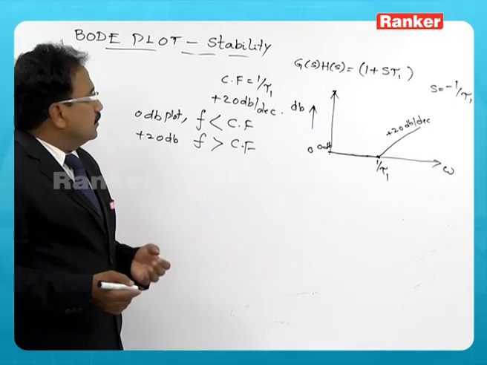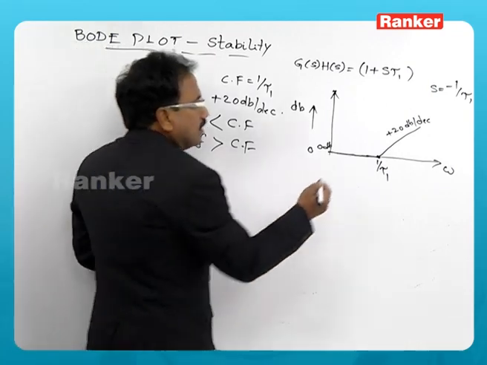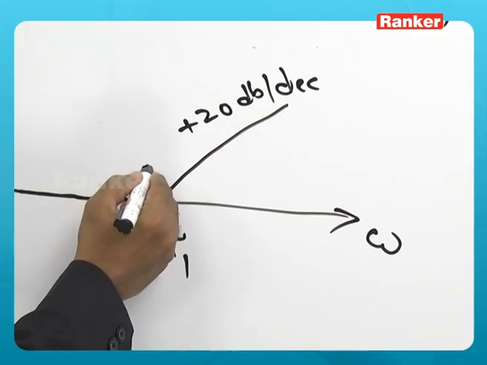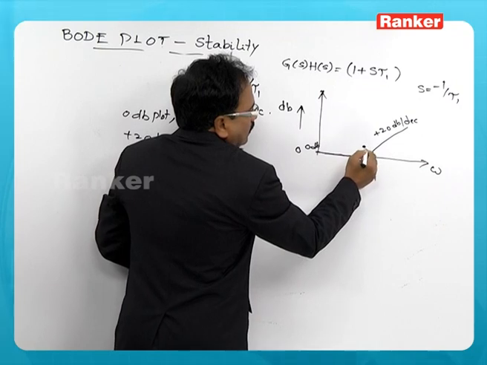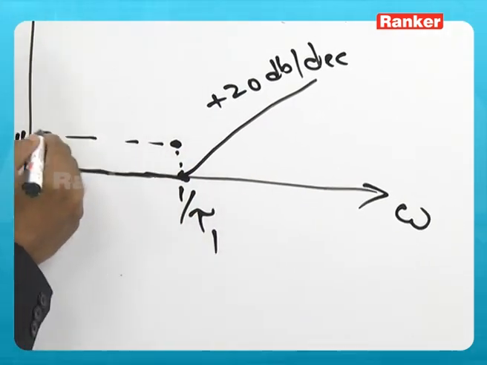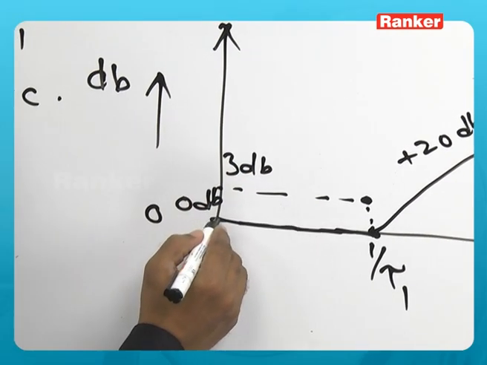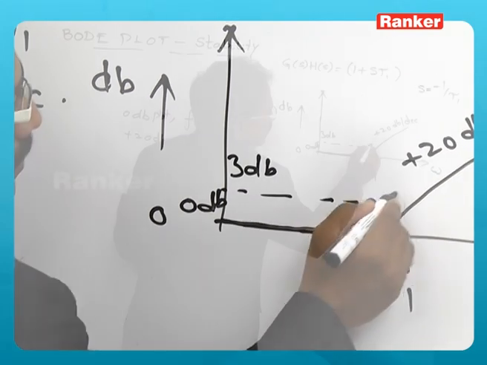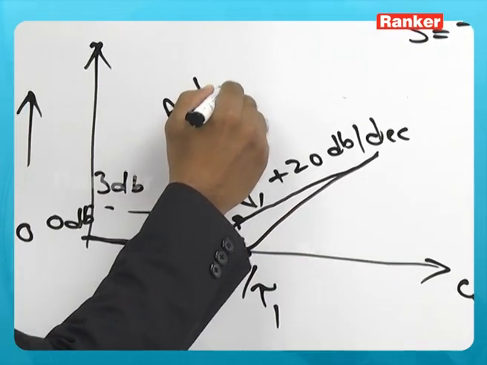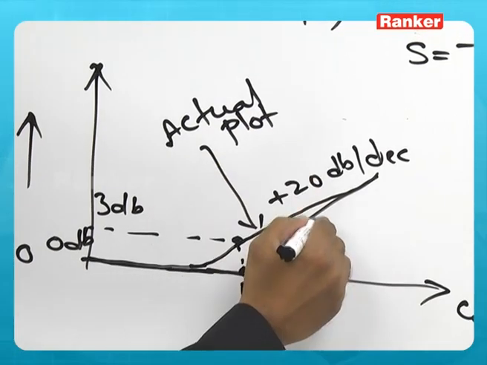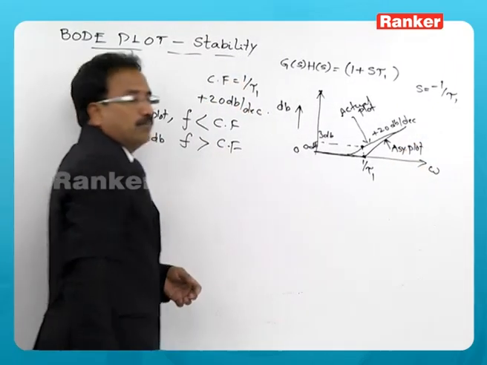In a similar way, this is an asymptotic plot we call, but the exact plot is different, and the value at the corner frequency is plus 3 dB. So, this magnitude is 3 dB for a 0, and the actual plot looks like this. So, this will be the actual plot, and this is the asymptotic plot or approximate plot.